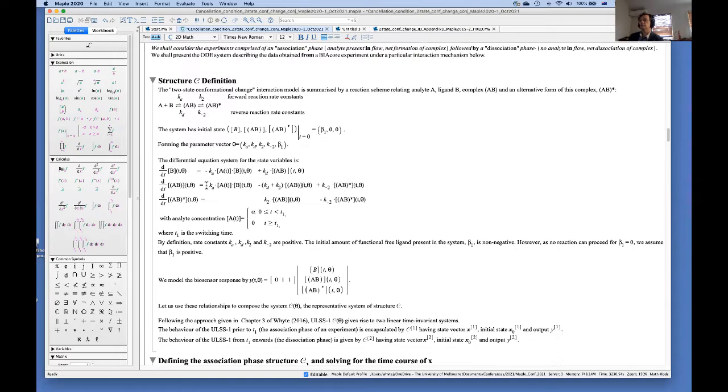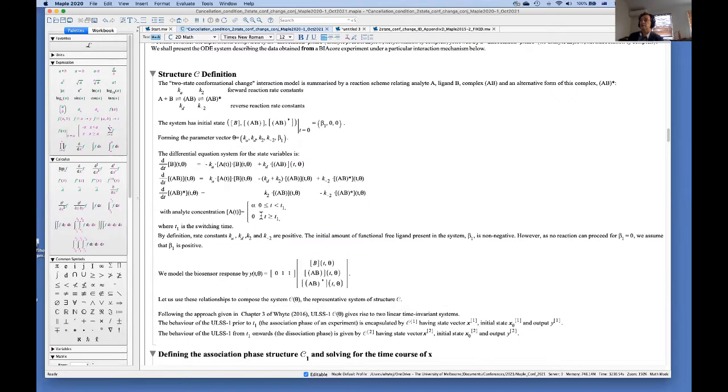It's not terribly difficult to write down the kinetics equations for this. It's the switch that makes things a little bit unusual, because the experimental conditions change abruptly from a certain amount of analyte A being injected through the flow cell to 0. That switch delineates the difference between an association phase and a dissociation phase of the experiment.